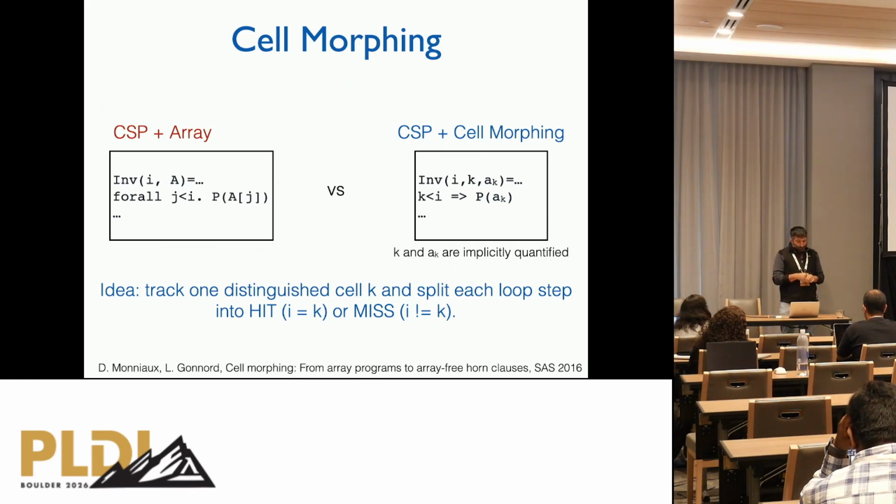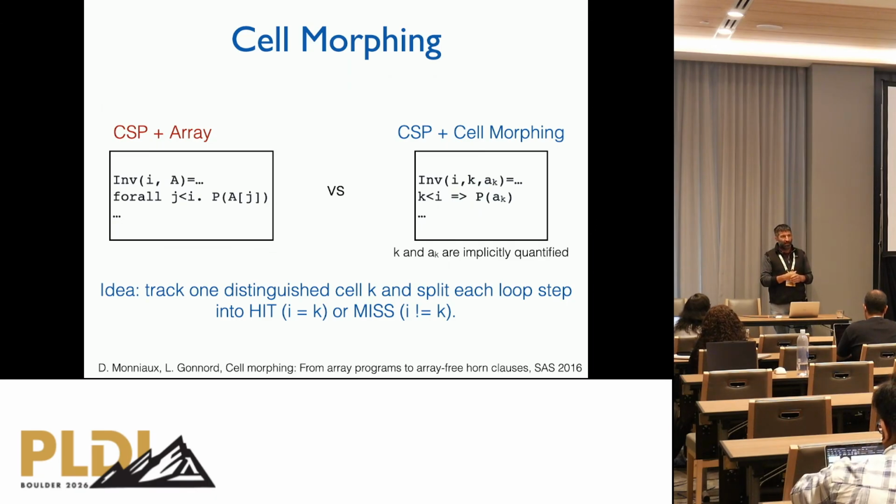So this was a work introduced at SAS in 2016, and the idea is, instead of using a theory of array, because of course we could use a theory of array, and that's great. But now, when the property becomes more complex, using directly theory of array may not scale well.